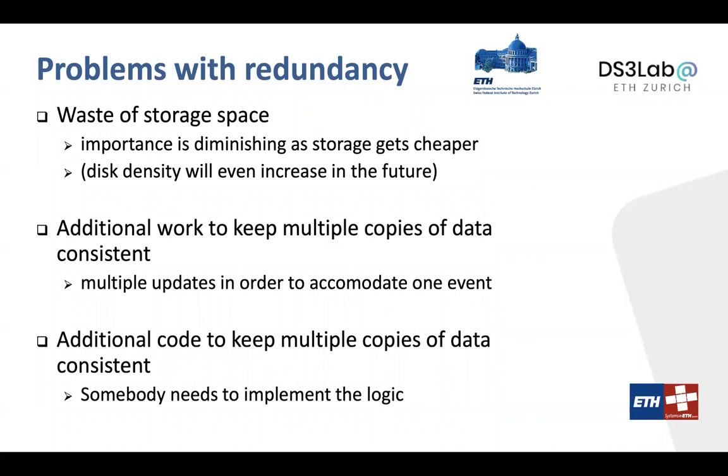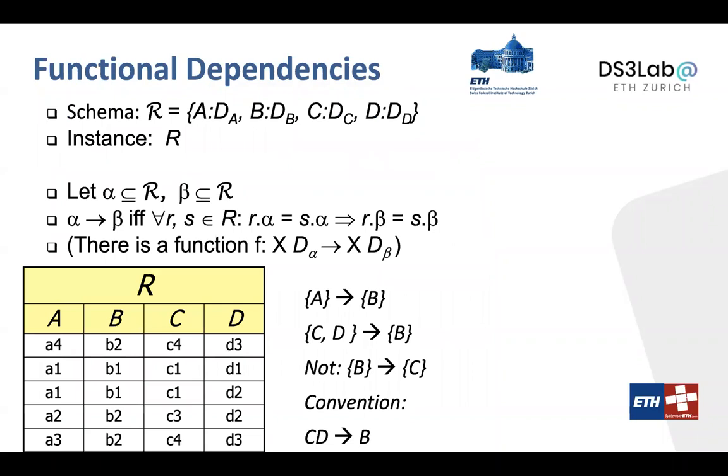You need to pay additional consideration, be really careful, and implement different logic to make sure data is consistent. So we want to reason about redundancy. One way to reason about a subset of the redundancy is by defining what we call functional dependency. That's closely related to those introduced by cardinality constraints.